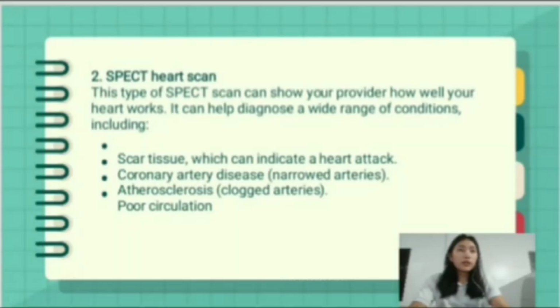The next one is the SPECT heart scan. This type of scan can show your provider how well your heart works. It can help diagnose a wide range of conditions including scar tissue, which can indicate a heart attack, coronary artery disease or narrowed arteries, arteriosclerosis, clogged arteries, and poor circulation.